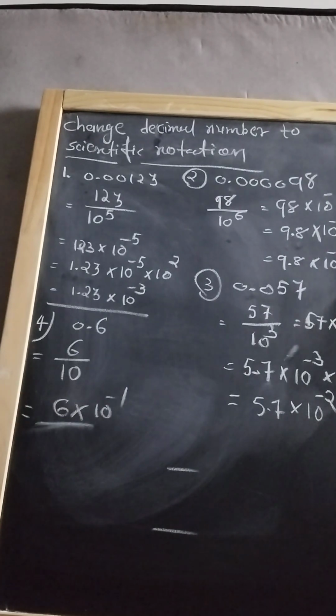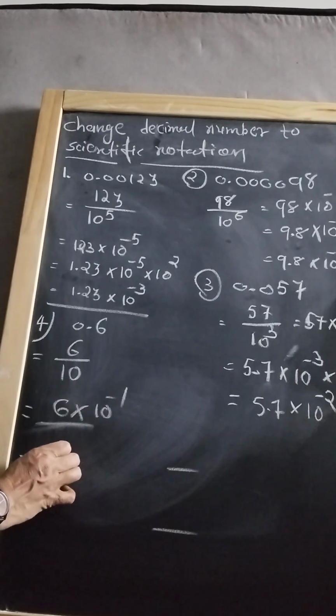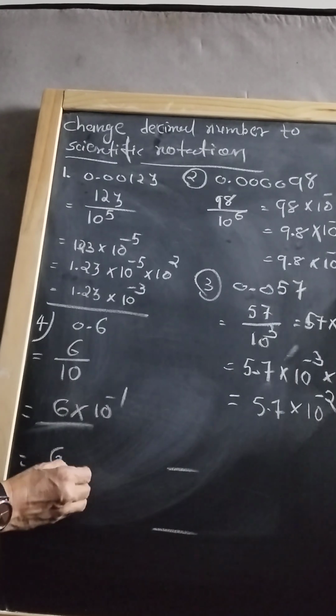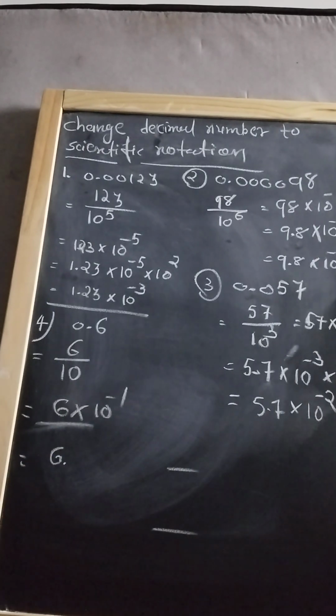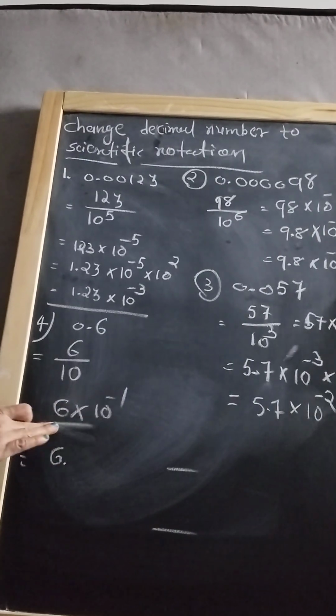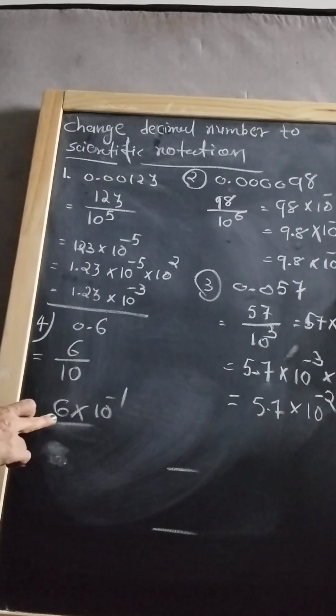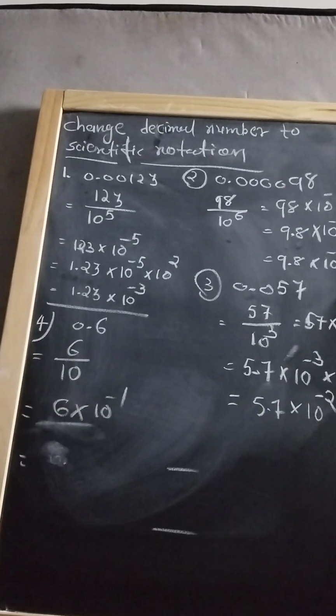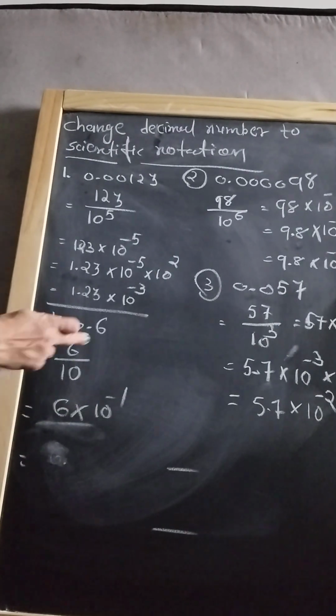Okay, here we have to create a decimal coefficient. So there is 6.0. That means after the decimal there are no zeros, and there are no more digits after the decimal. So this is the scientific notation for this one.